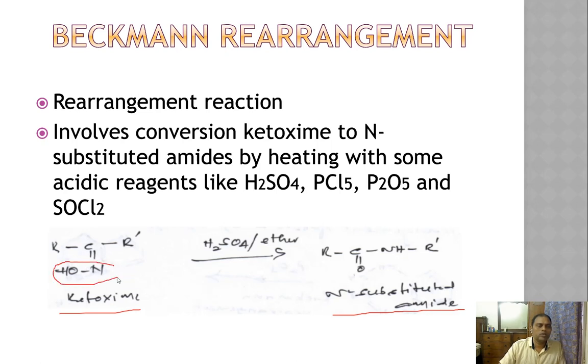So this looks like hydroxylamine, and this looks like a ketone, right? And if instead of one of the R it is H, then it is aldoxime. Now it is ketoxime because of the two alkyl groups attached to this carbon. If one alkyl group is hydrogen, then it is aldoxime.